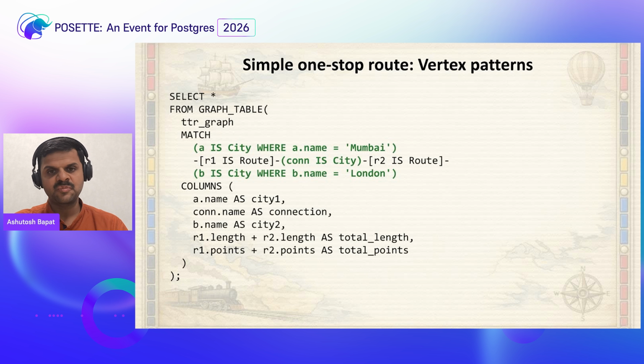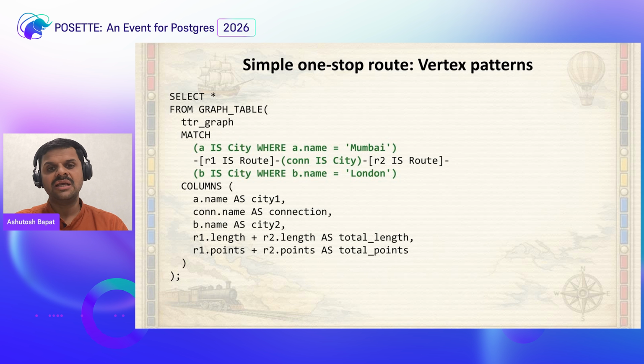The three vertex patterns are named a, con, and b. All of them have three optional components. One, the name. Second, the label, which in this case for all of them is city, because we want to find paths which have vertices of class city. And last is the filter condition.